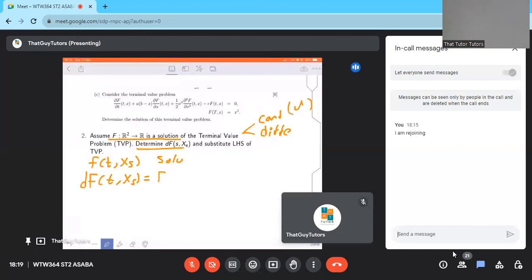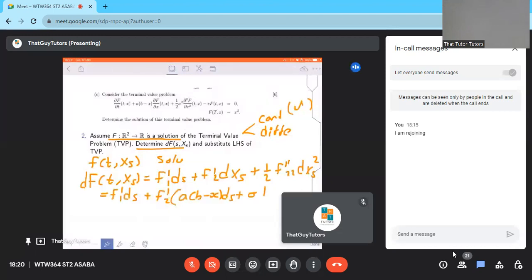We already know what your X of s is, so what you need to do now is just substitute those values. So you have F1 ds, then plus F2 dX. You already found the associated stochastic differential equation, and that would have been your a(b minus X) ds plus sigma dWs, then plus 1 over 2 F prime prime, F prime 2.